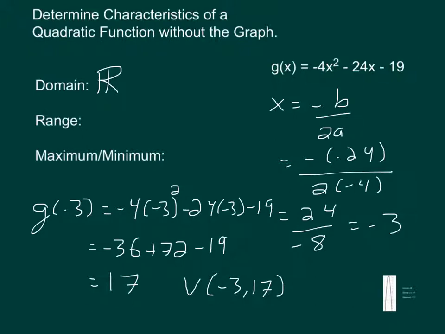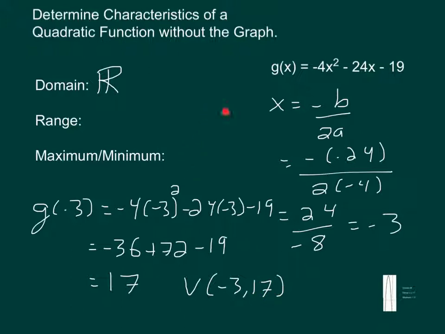Well, that's going to affect how my range is determined. Because I look at the equation and I notice that the lead coefficient here is -4, that tells me that this parabola is going to open down. When something opens down, it's going to have a highest possible value. That highest possible value is going to be what the vertex is.